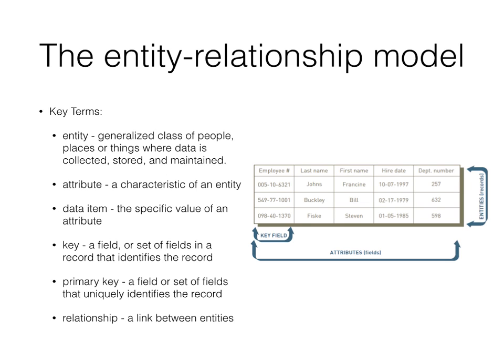Then there is attributes, which are characteristics of an entity, and those generally manifest themselves as fields. So an employee number, last name, first name, hire date, department number, those are generally attributes. Then the next definition we have is data items, a specific value of an attribute. So that's simply the data that goes in the fields.